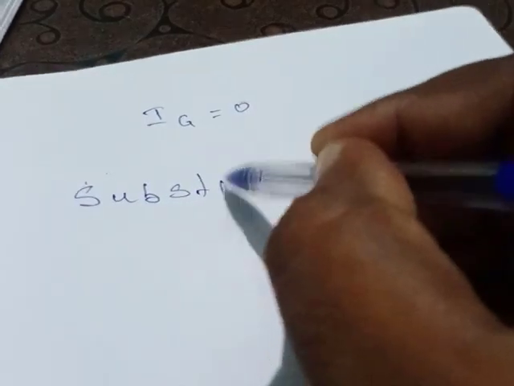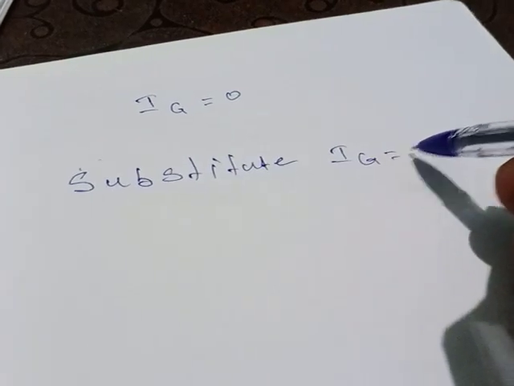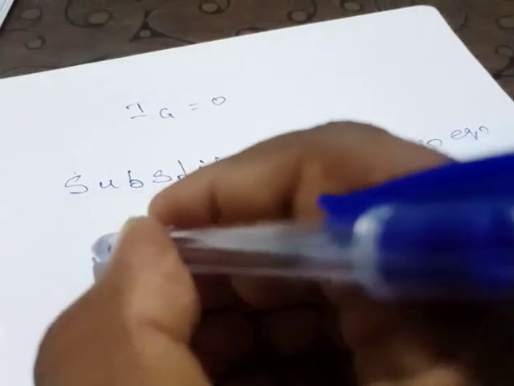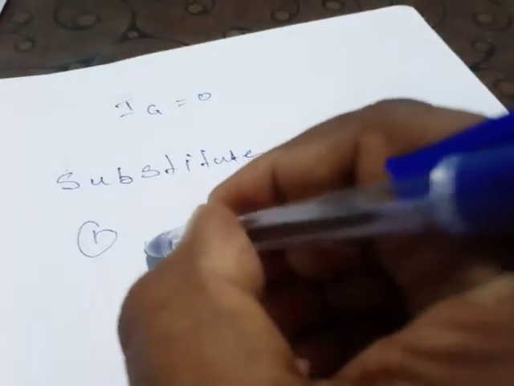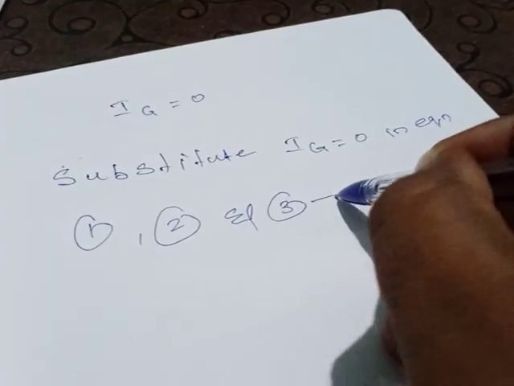Now what you have to do is substitute Ig equal to 0 in equations 1, 2 and 3.